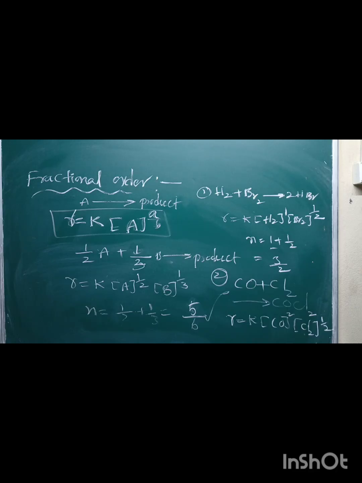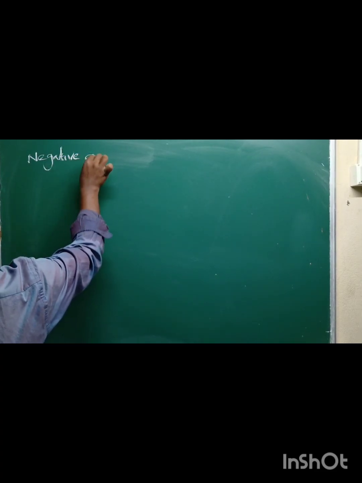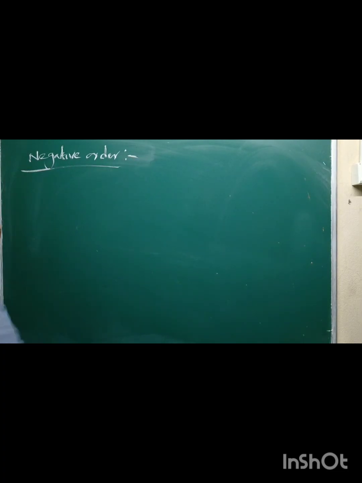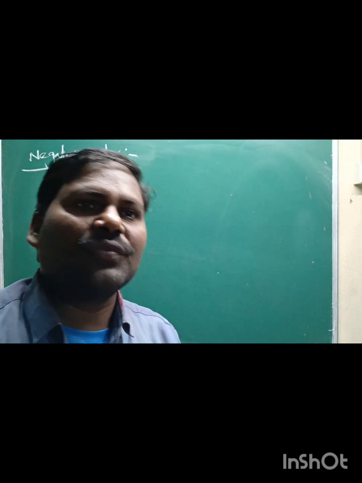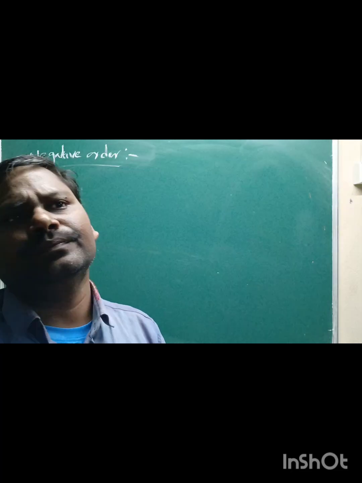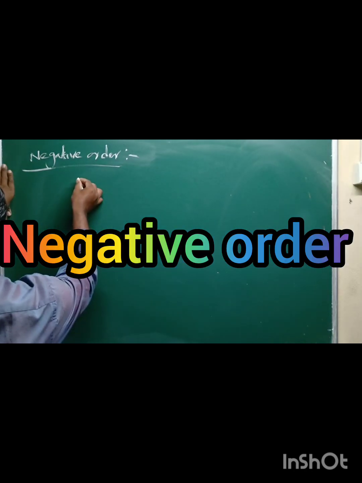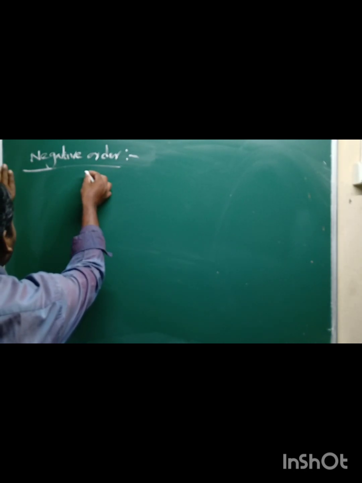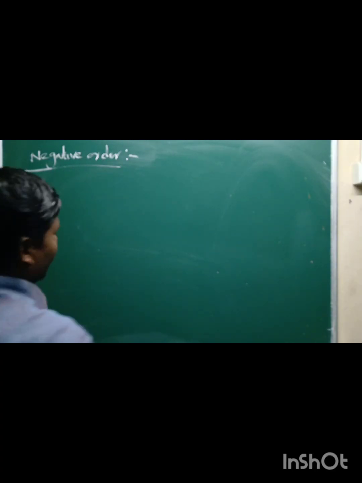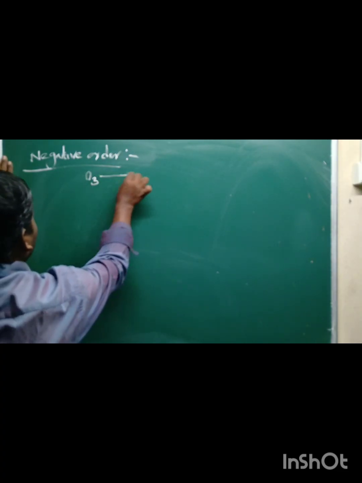And the next one is negative order. Negative order is defined as the sum of the powers of the concentration terms of the reactant being a negative value. For example, take ozone, O3, converted into O2.